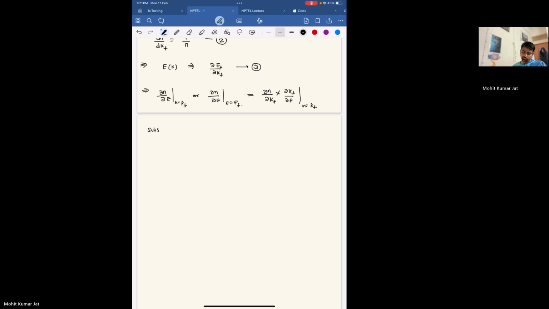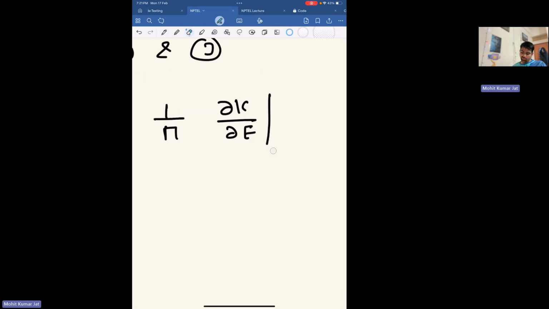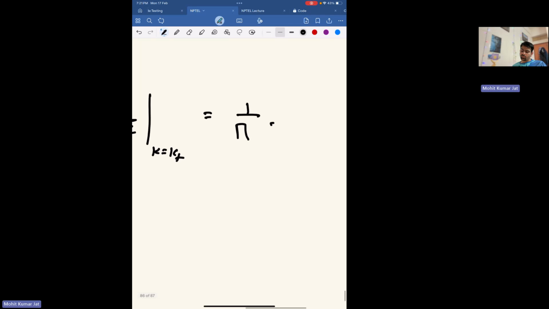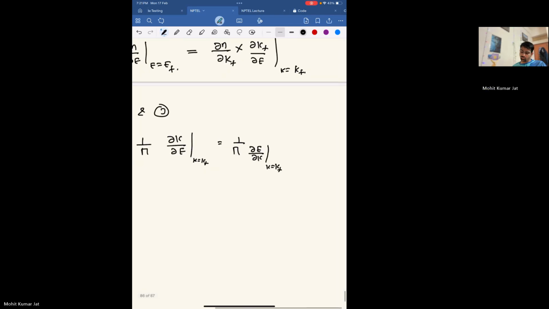Substituting equations 2 and 3, the density of states D of epsilon will be 1 over pi del kf by del E, or I can better write it as del k by del E at k equals kf, or I can write it as 1 by pi del E by del k at k equals kf, or 1 over pi del E by del k at E equals Ef.